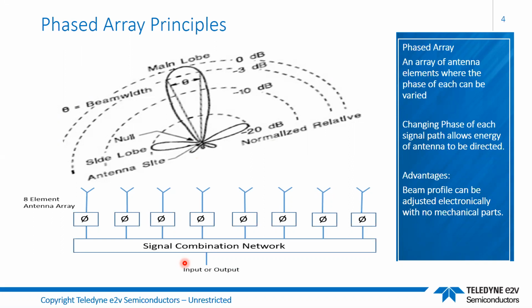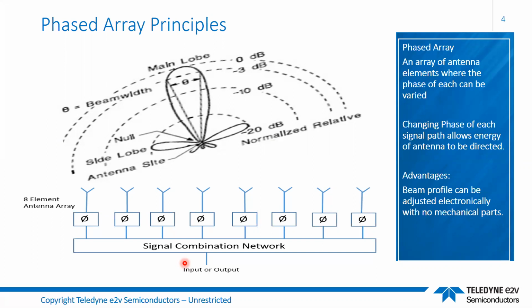It's an array of antenna elements, and the reception or transmission of the signal to each antenna element can be delayed in phase and also adjusted in amplitude. This works, as I said, in transmission and in reception, and it gives the ability to change the energy of the antenna and enables it to be directed.